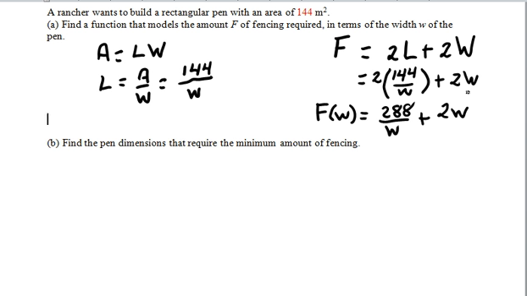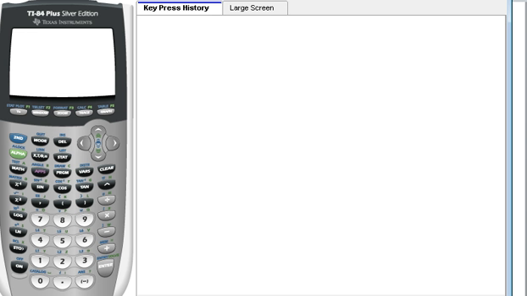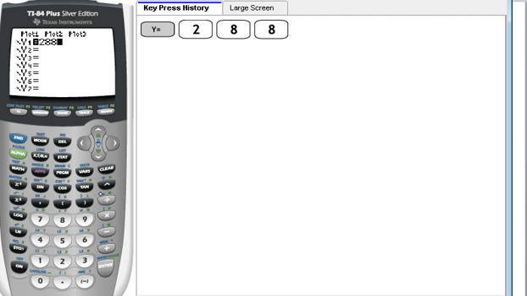So we're going to go to the graphing calculator and we're going to enter the formula 288 divided by x, since we have to write it as a function of x, plus 2x.